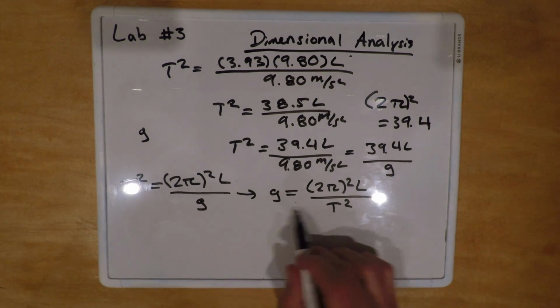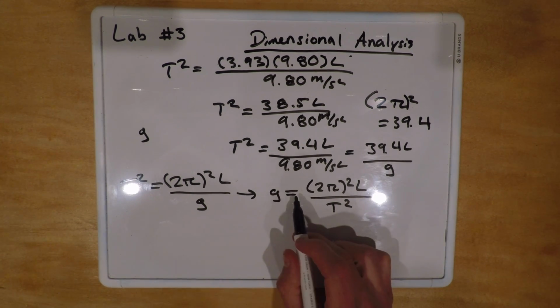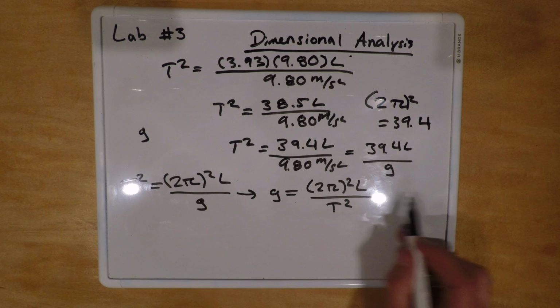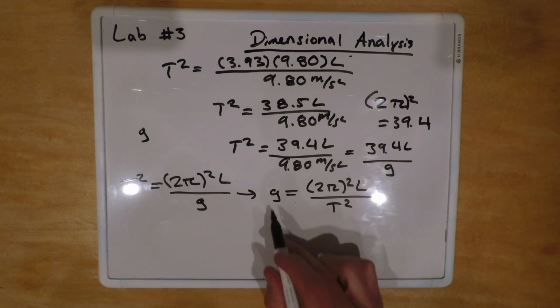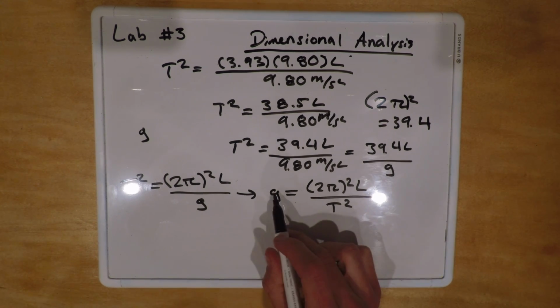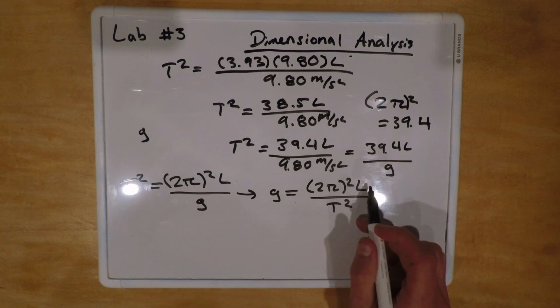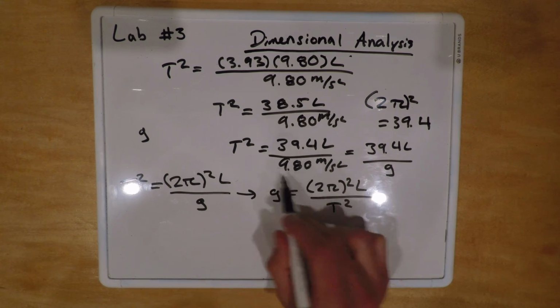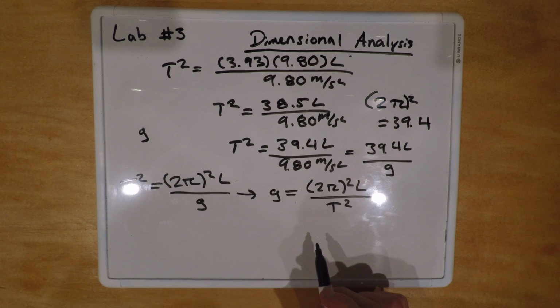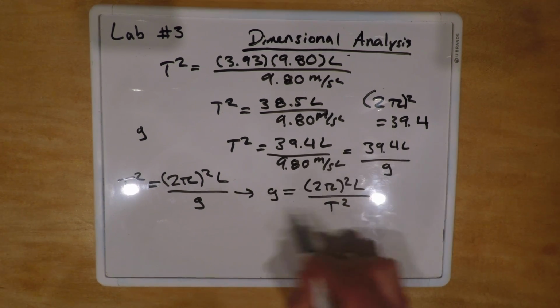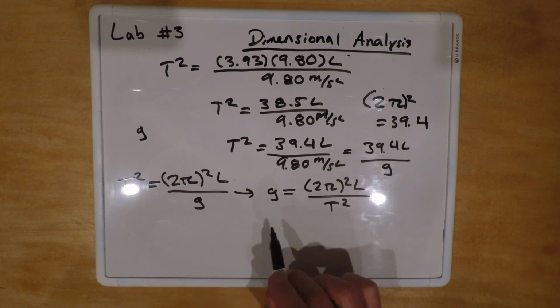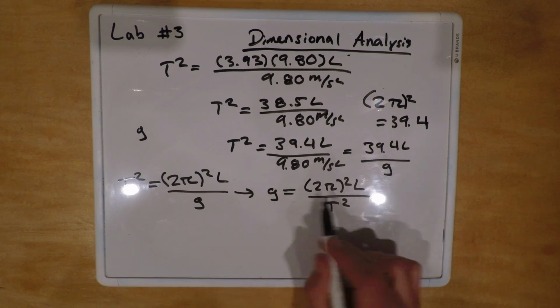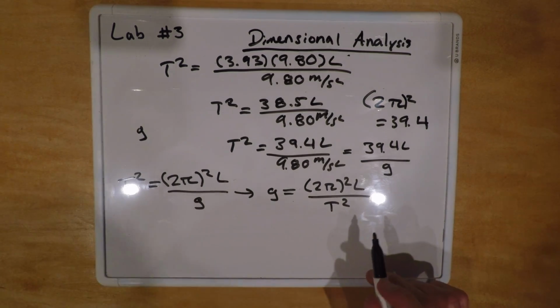The really cool thing about this equation here is that it can be used to find the acceleration of gravity on any planet in the universe. It's not just Earth. Now I'm going to solve for g here with a couple of our points just to prove that we get something around 9.80 meters per second squared, just to prove that this equation does indeed work. But I think it's fun to realize that this equation works anywhere in the universe.